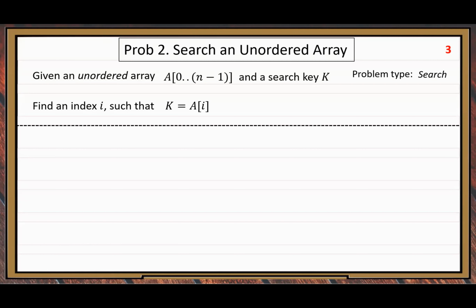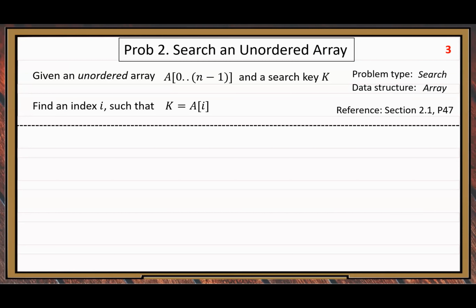For this class, we will learn 3 different types of basic computing problems: search, sort, and selection. Here, the first basic type is the search type. The data structure used in this example is the array.